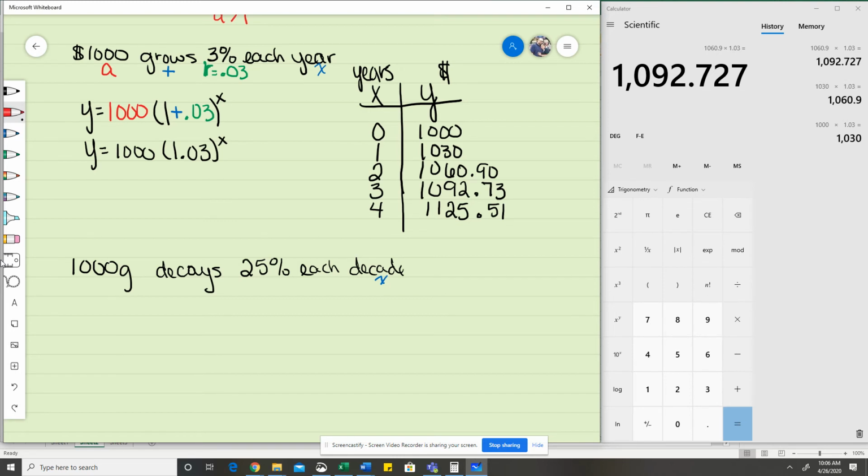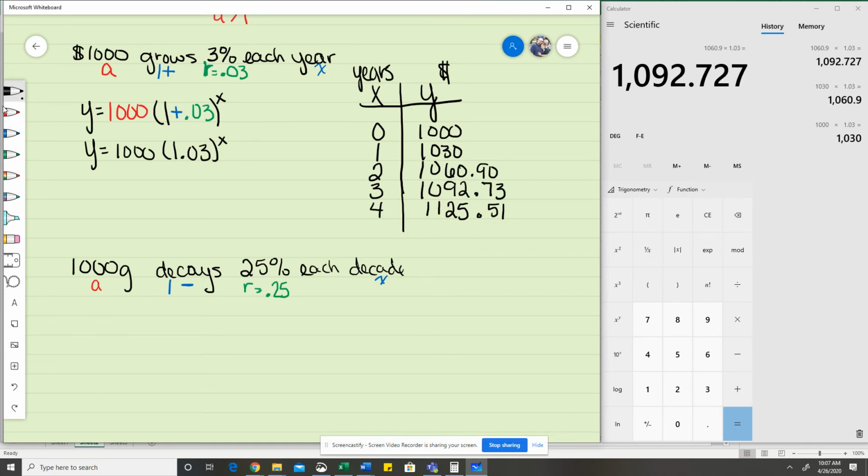Our A value, we're still starting with 1,000. And it's going to decay, which means we're going to subtract this time. We're going to do 1 minus instead of 1 plus. And our rate, when we change this 25% to a decimal, it's going to be 0.25.